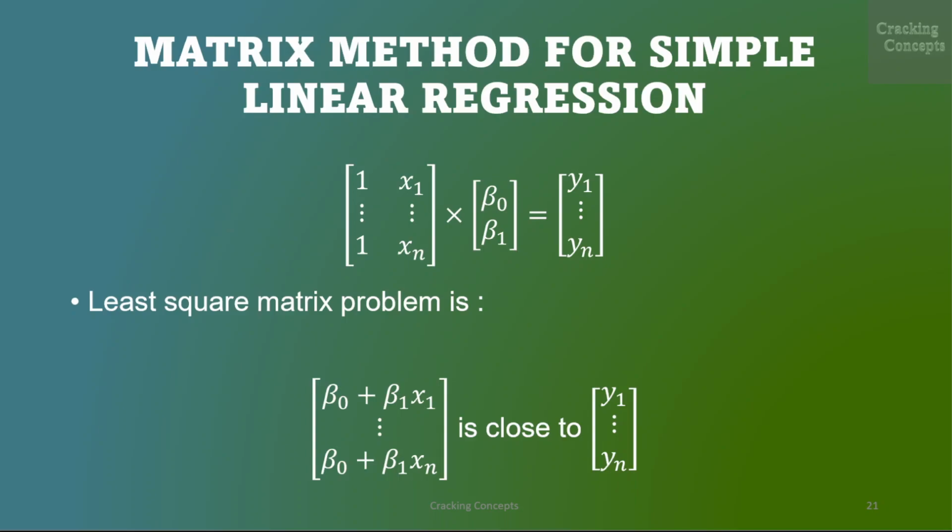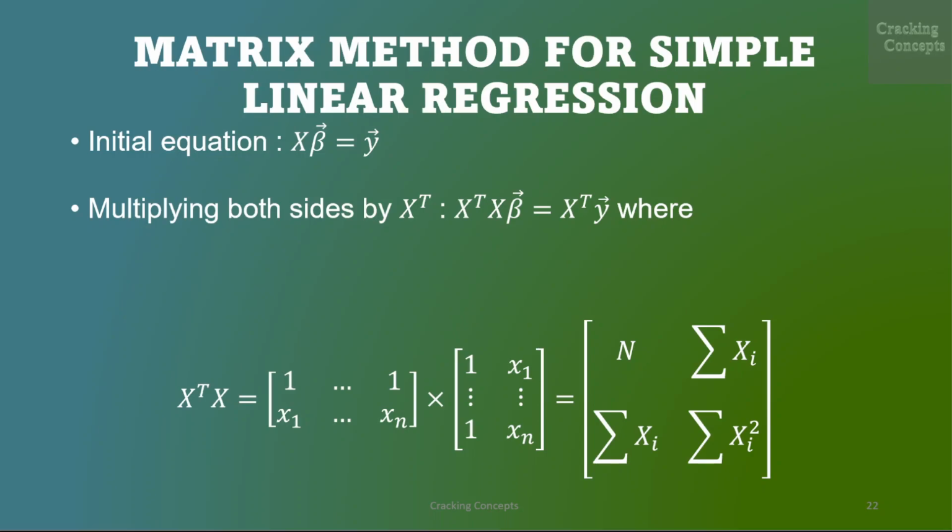We will see that the corresponding form will look like this, with one column of 1s on the left hand side multiplied by beta 0, beta 1, which is y1, etc., yn. Now the least squares matrix problem is beta 0 plus beta 1 x1 is close to y1, etc., beta 0 plus beta 1 xn is close to yn.